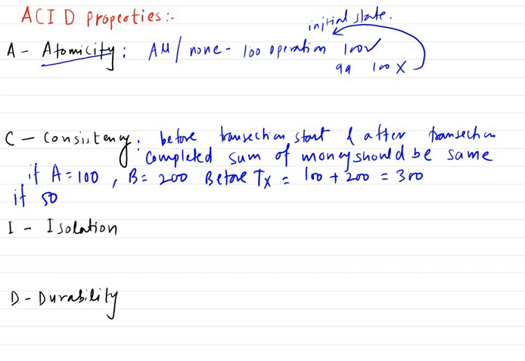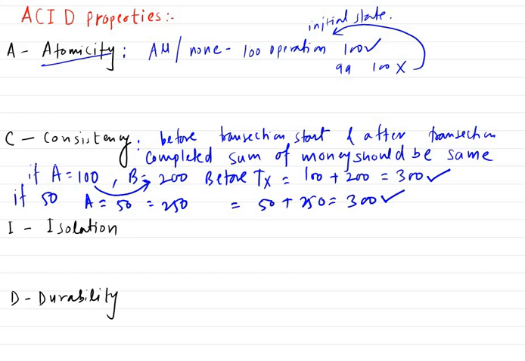If 50 rupees is transferred from A to B, A now has 50 and B has how much? 250. So after the transaction it is 50 plus 250 equals 300. So before the transaction it is 300 and after the transaction it is 300.